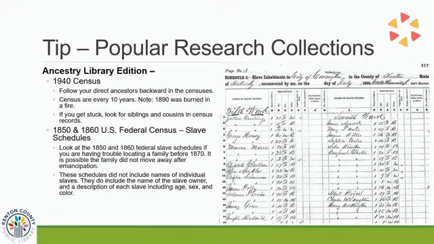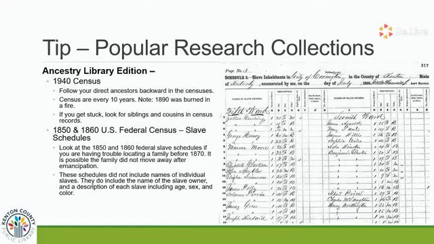So you want to look at those schedules and look at the family in 1870 and see if maybe in 1860 in that schedule there's a makeup of that family that's similar in that area. The only bad thing about the 1850 and 60 slave schedules is that they don't list the individual names of each slave.